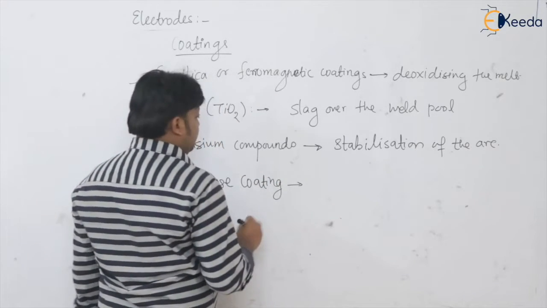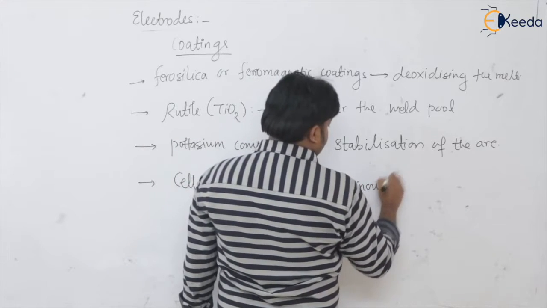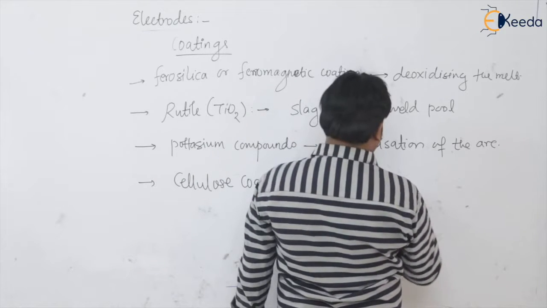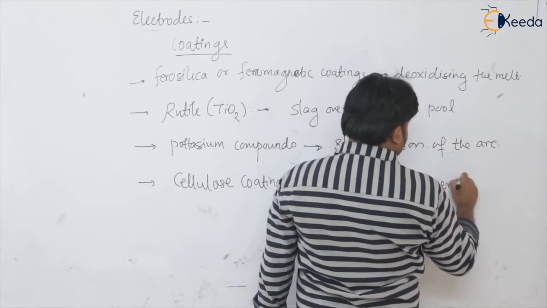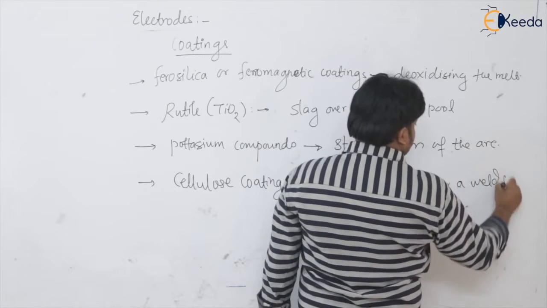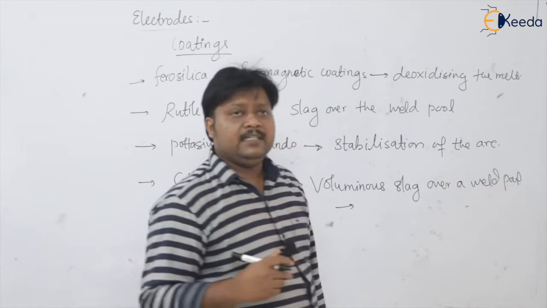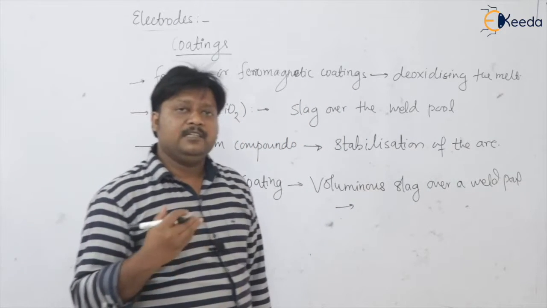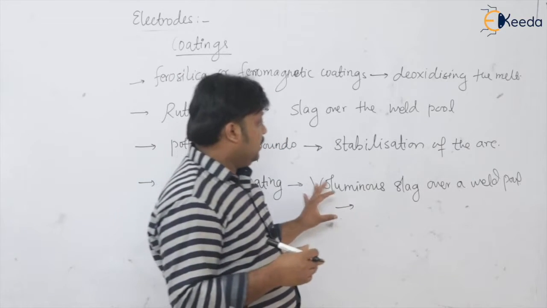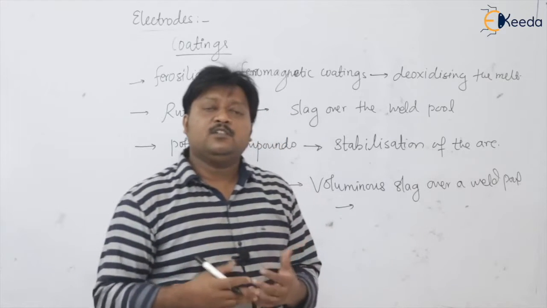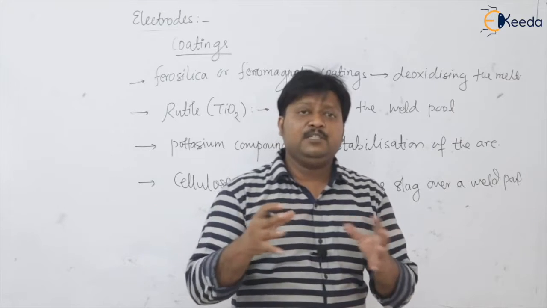So what are they providing? They are providing a voluminous slag coating over the weld pool, so that the weld can be safeguarded from atmospheric contamination from the oxygen or from the nitrogen. But when you use cellulose as a coating, the finish on the weld will be coarser.